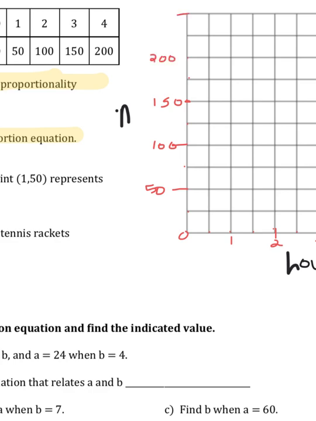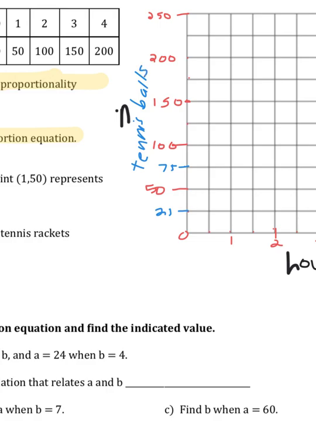And 2 more would be 250. Which means, if I was really going to think about it, this would be 25, and this would be 75 if I wanted to do that. But that's not what the directions say. The directions just say go up by 50s. And this side would be number of tennis balls, so you have to label that.